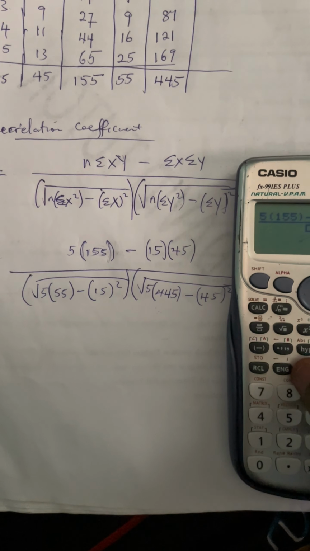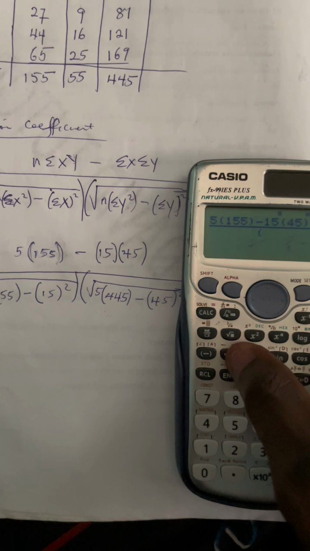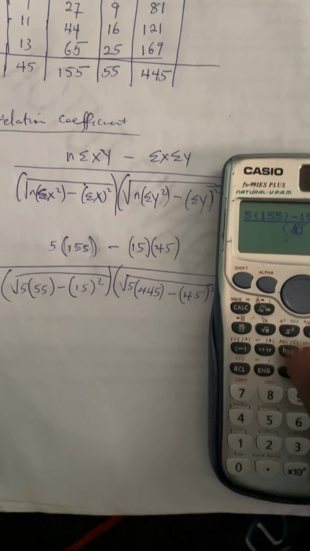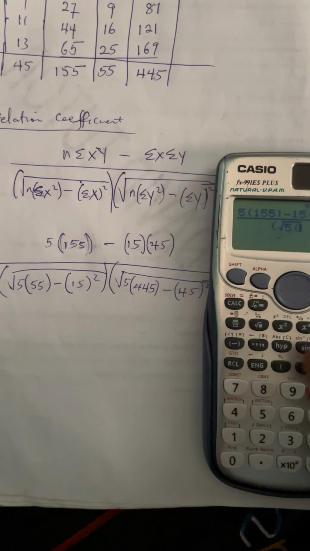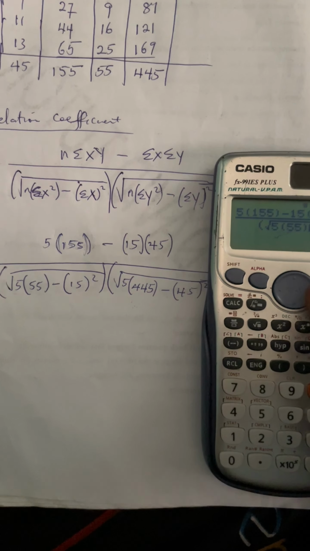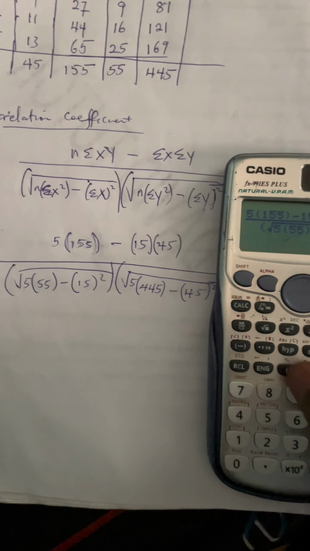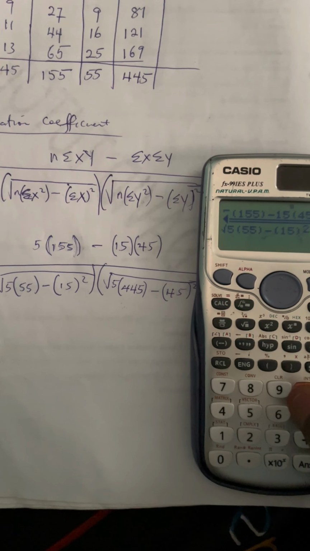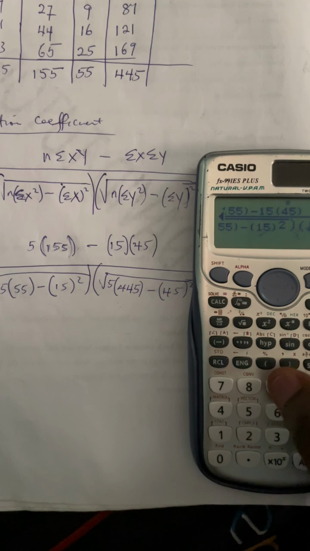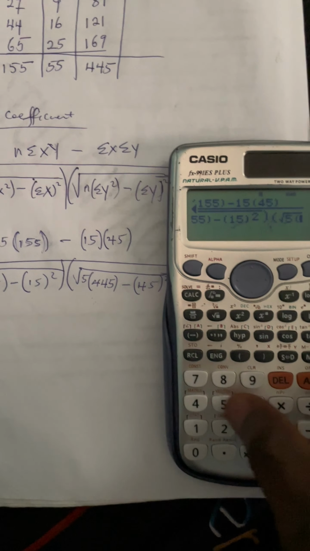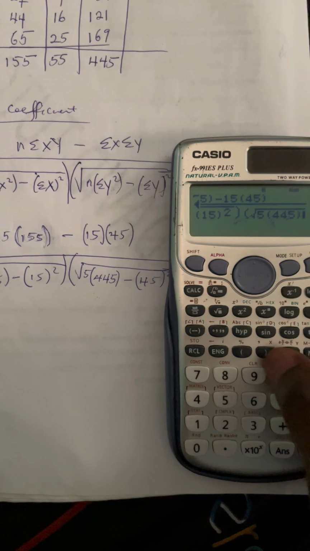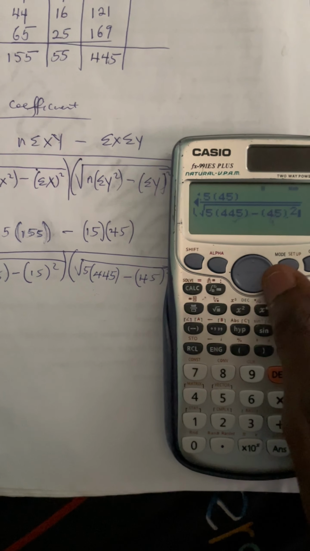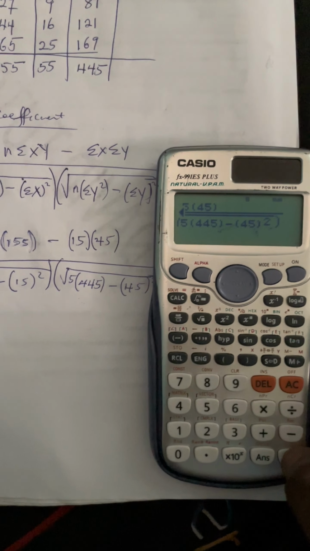Come to your denominator, open the bracket, square root of 5 into the bracket of summation x squared, that's 55, minus 15 all square, close the bracket, open another bracket, square root of 5 into the bracket of 445, close the bracket, minus 45, close the bracket, all square, then close the general bracket, press equals to.